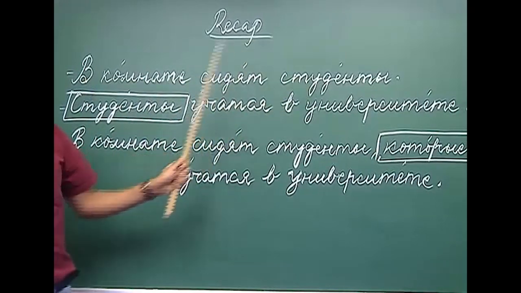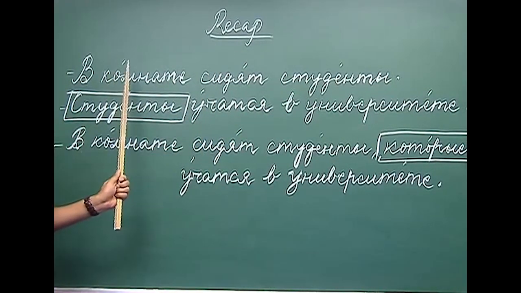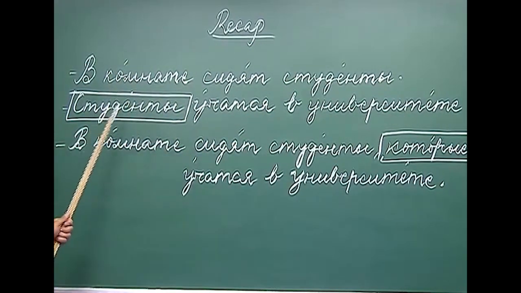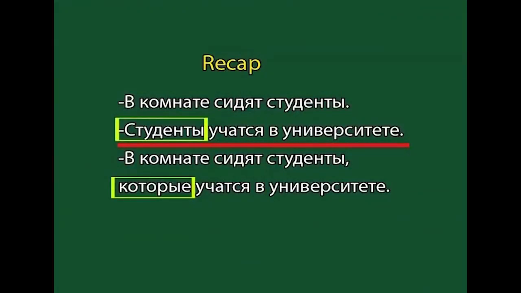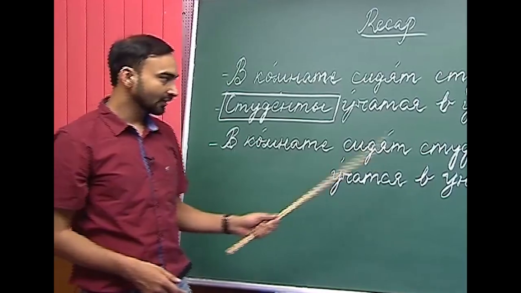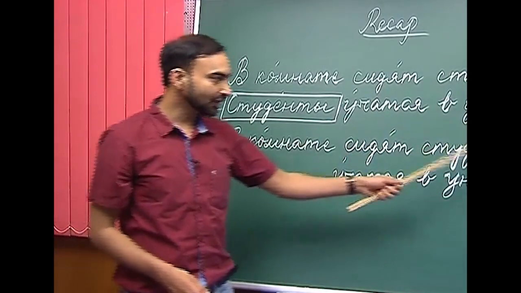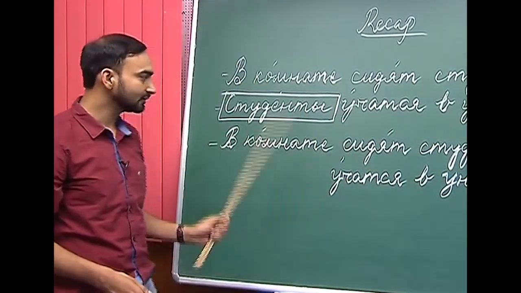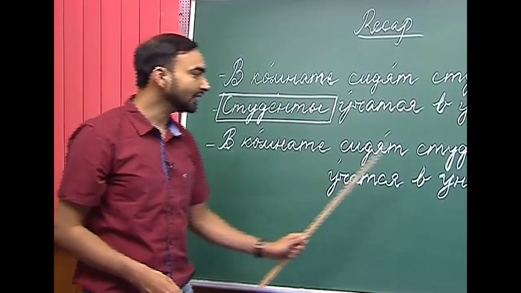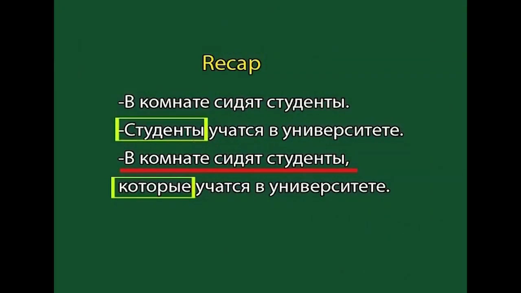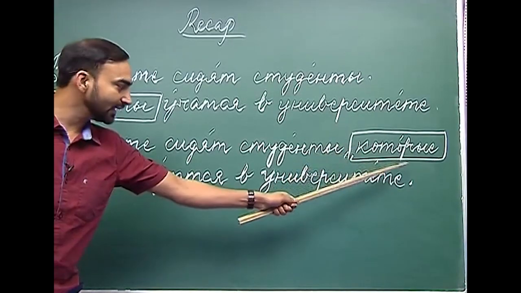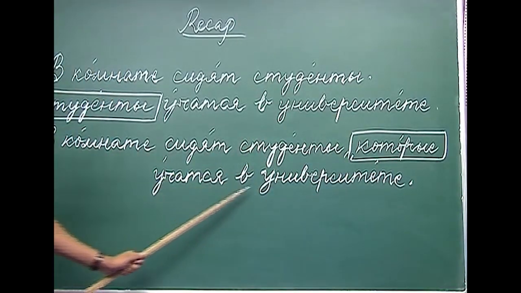The students are sitting in the room or in the hall, and students are studying in the university. So, there are two sentences, and if you use katori to join these two sentences, how would the sentence look like? Vkomnate sidyat studianti, and then put a comma, and then katorie uchatsa universitete.